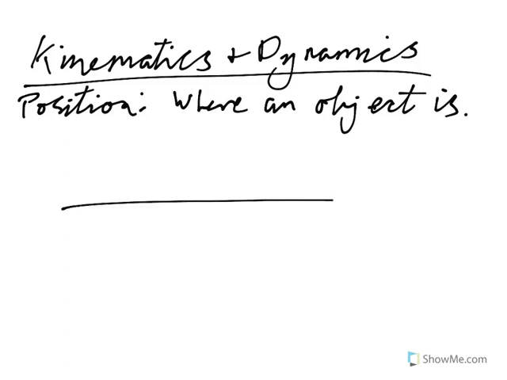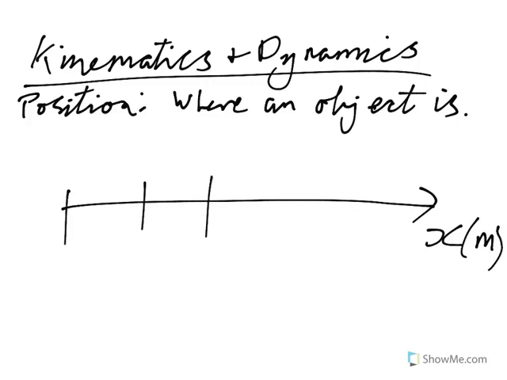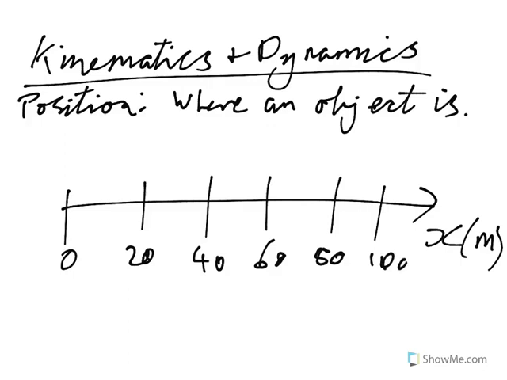So you might have a number line here, for example, that's x metres. The arrow there is pointing in the positive direction, that might be 0, 20, 40, 60, 80, 100.